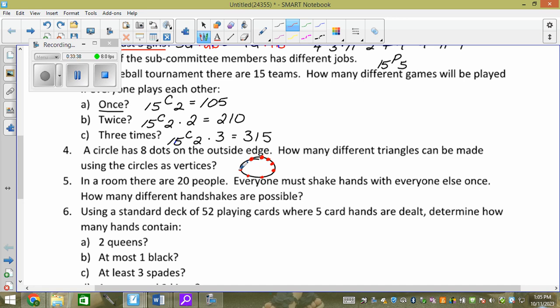No. So does the order matter? No. So how many dots do I have? 8C3, which is 56.